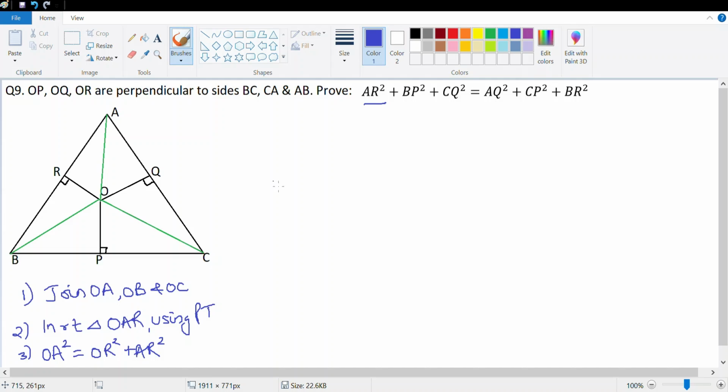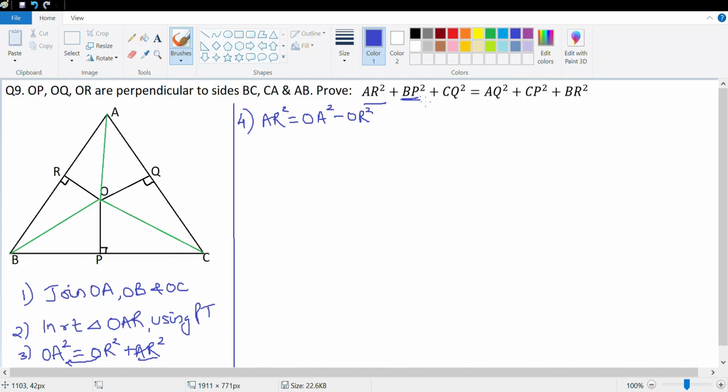So that's point number 3. In the left hand side, they want me to work with AR. So let me keep AR on one side, which gives me AR square is equal to OA square minus OR square. I kept AR on one side and I took OR on the other side, so it became negative.